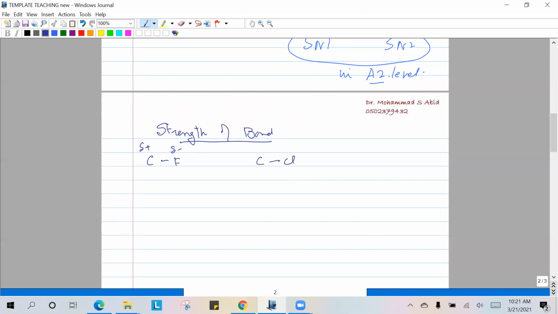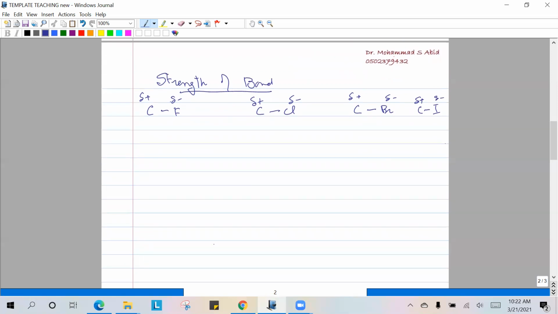Then you have the C-Cl, C-Br, and C-I. When the reaction is taking place, it is this carbon-halogen bond that is going to break. So that is why we are talking about the strength of the bond.